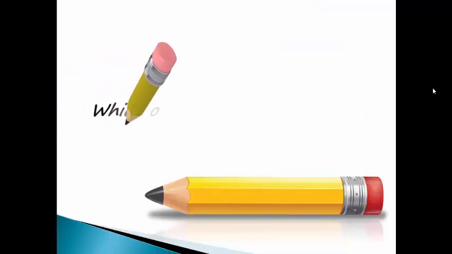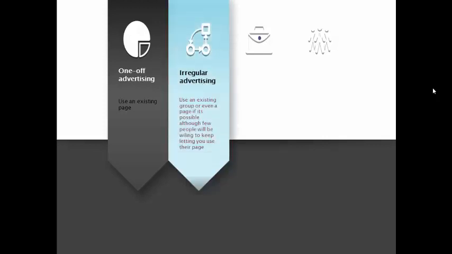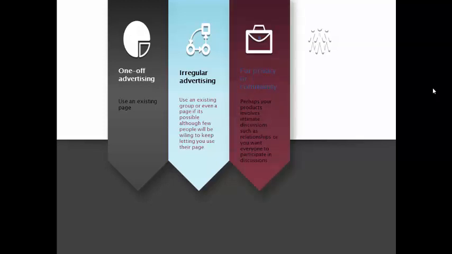Okay, now which option should you go for? Which of these options? If you are advertising one-off, you just have one thing that you want to sell, you can use an existing page. If you do some kind of irregular advertising from time to time, maybe only when you have goods to sell, you can use either an existing group or an existing page.